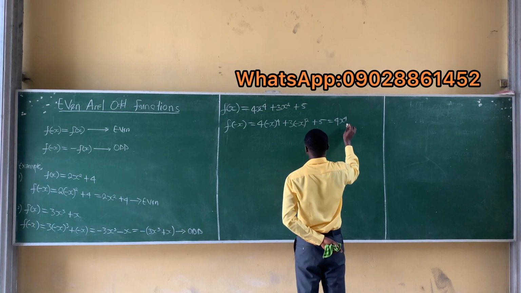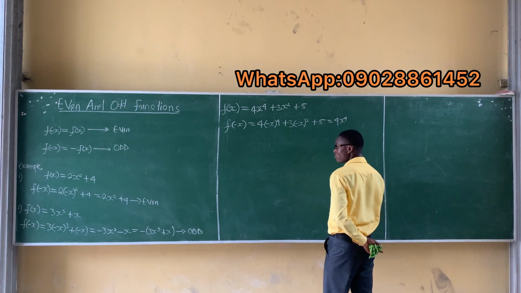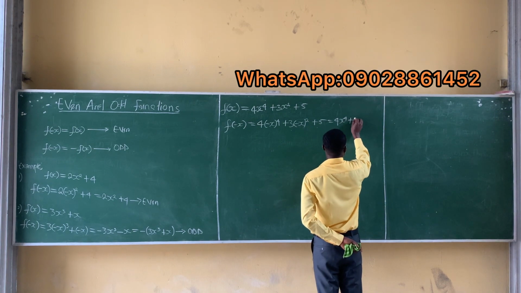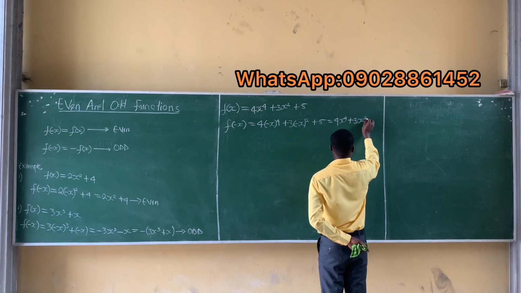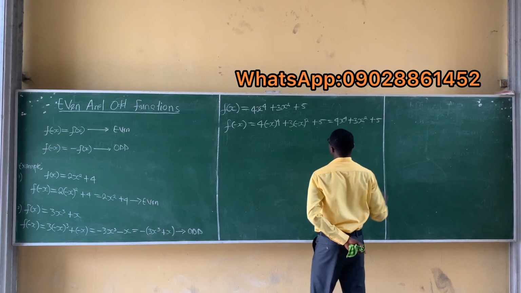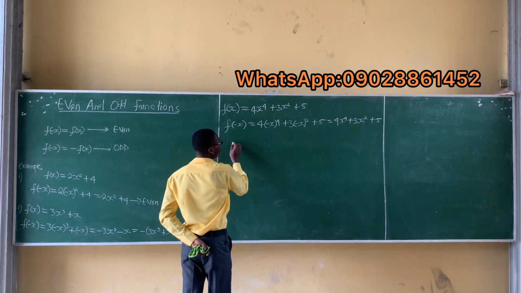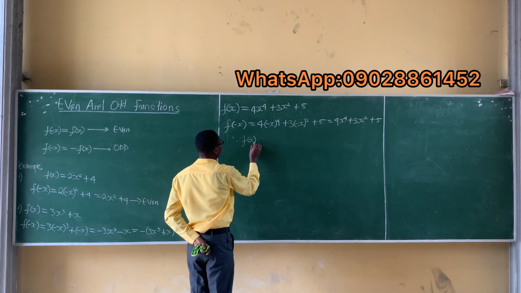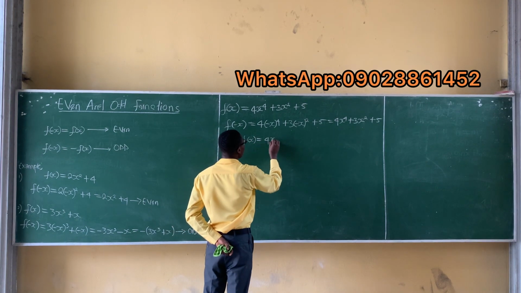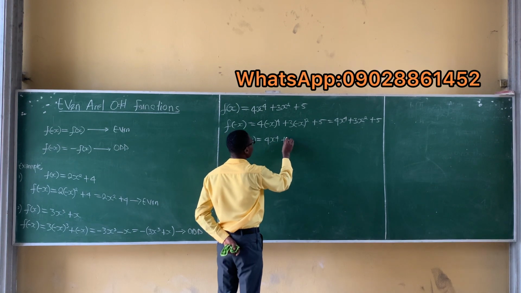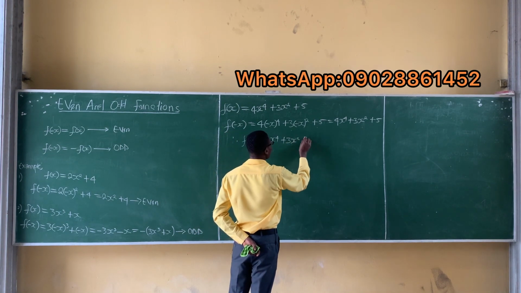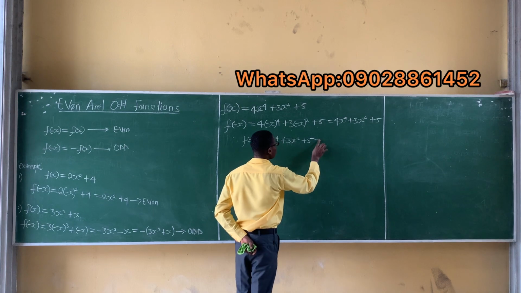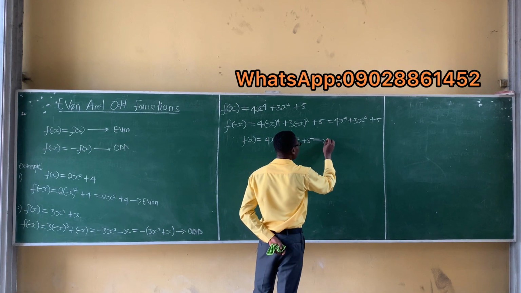Minus x to the power of 2 will give us x to the power of 2, plus 3x to the power of 2 plus 5. So therefore, f of x equal to 4x to the power of 4 plus 3x to the power of 2 plus 5 is even.